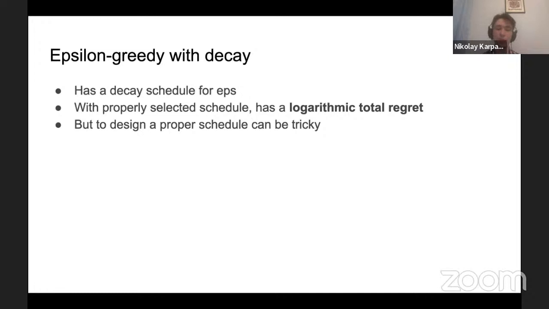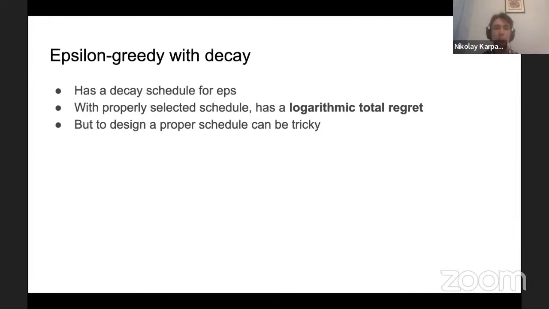And if you decrease the exploration rate to 0 too fast, you would not converge to the optimal action. So in practice, this way of sampling becomes much trickier when you try to apply different algorithms to different environments.